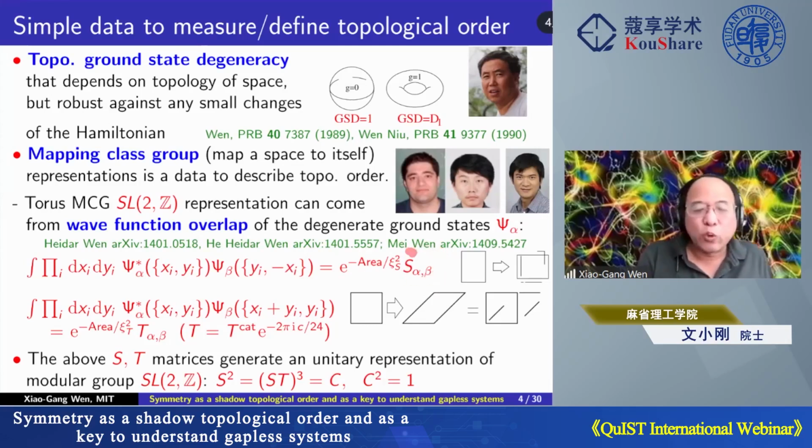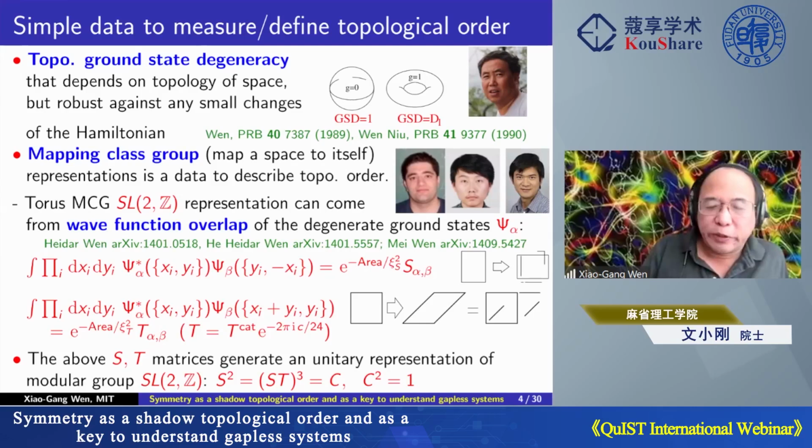And we can also do another operation, which is a Dehn twist. We kind of shear-twist the space like this. And then this Dehn twist also gives rise to a wave function overlap. Again, very small, but removing this small part, we get a T matrix, which is a unitary matrix. It turns out that these unitary matrices form a representation of SL2Z.